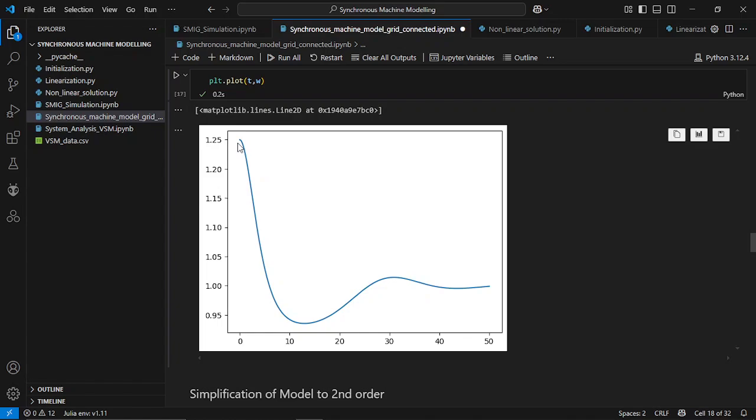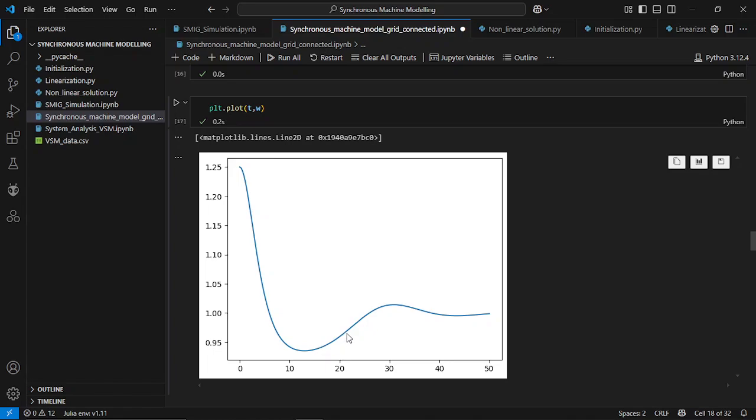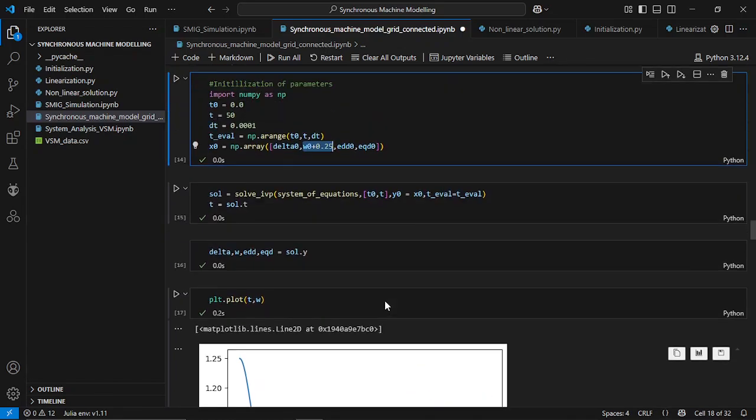So the synchronous machine will react, and it will try to balance the speed at 1 pu. How will it balance the 1 pu? Maybe it will supply some power to the grid, something like that. So this describes the dynamic nature of the synchronous machine when some kind of speed change happens in the system.